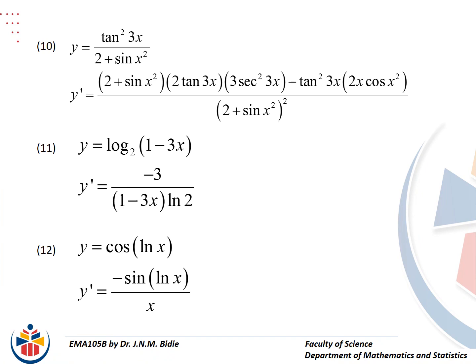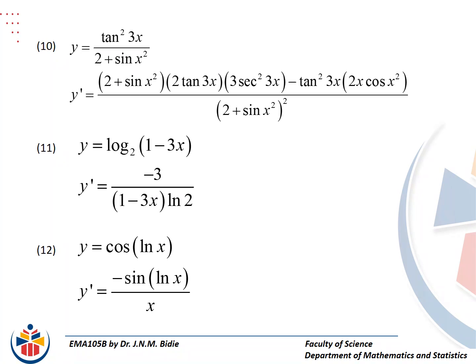Once again, I said we take the denominator up, and then in trying to find the derivative of tan squared 3x, the first thing you consider is the power. Hence the derivative of a function squared is 2 times that function. Hence I've got 2 tan 3x multiplied by the derivative of tan 3x, which is sec squared 3x multiplied by the derivative of 3x, which is 3.